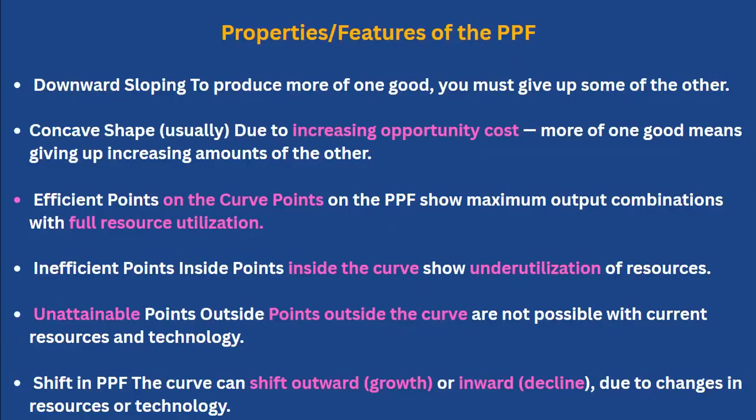Okay, and next is properties. You must know the properties of PPF. It's a very important thing. Downward sloping: to produce more of one good, you must give up some other good. So the slope going downwards means you are concentrating on production of one good and giving up other goods.